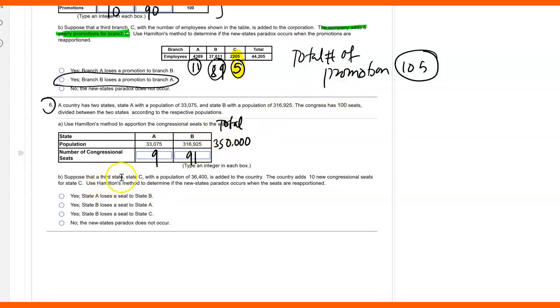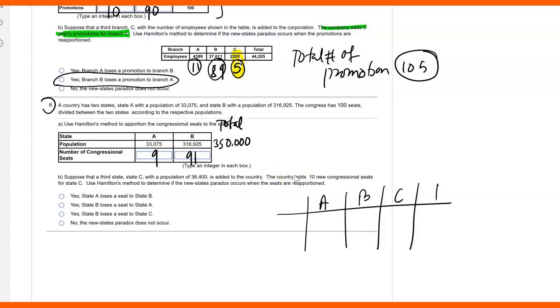Now suppose the new state C with a population of 36,400 is added to the country. Now you have this table here. You have A, you have B, you have C, and you have a total. Okay, what's the population of A? 33,075. Population of B, 316,925.